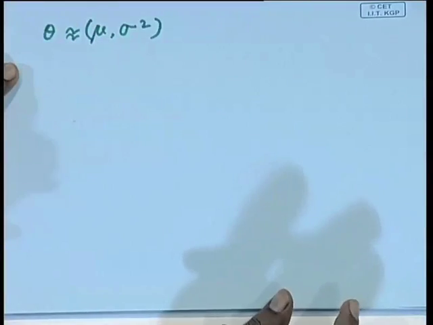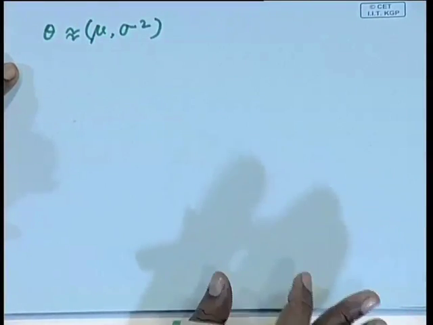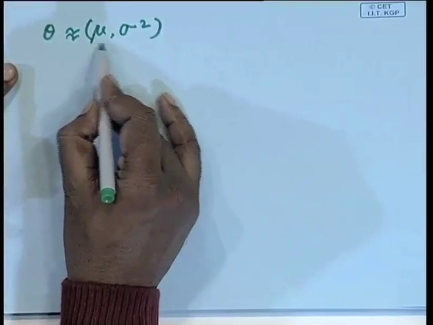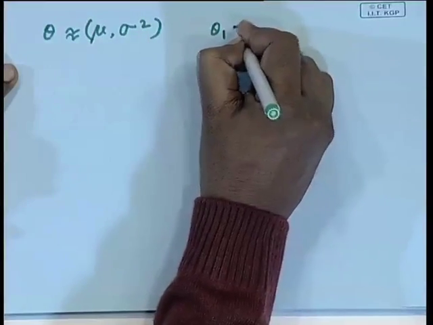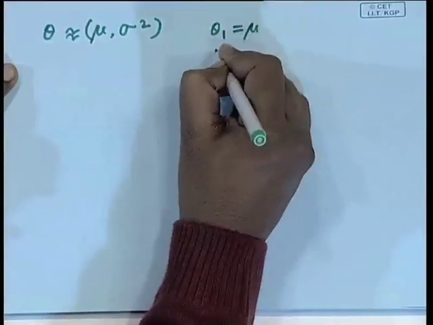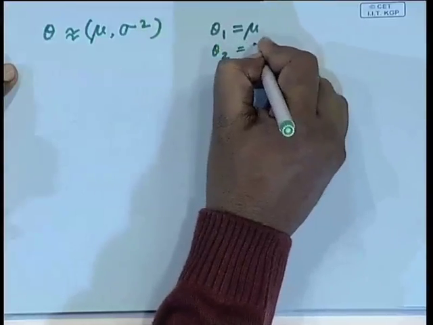It has two components. Okay. For simplicity, I am considering the univariate case. For the multivariate case, the number of operations will be more, that is all, but the procedure will remain the same. Okay. So, here this parameter vector theta has two components, one is mu, the other one is sigma square. So, assume that the first component theta 1 is mu and the second component theta 2 is sigma square.